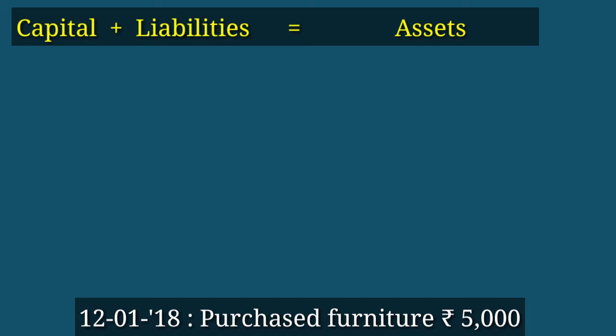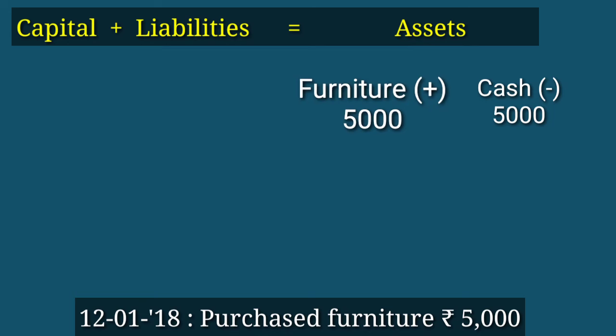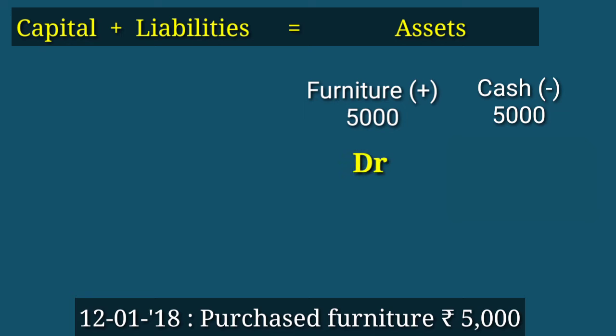And we paid cash. Cash is also an asset, so cash is decreasing. So in the accounting equation, cash decreasing 5,000 and furniture increasing 5,000. When an asset is increasing, we should debit. When an asset is decreasing, we should credit.